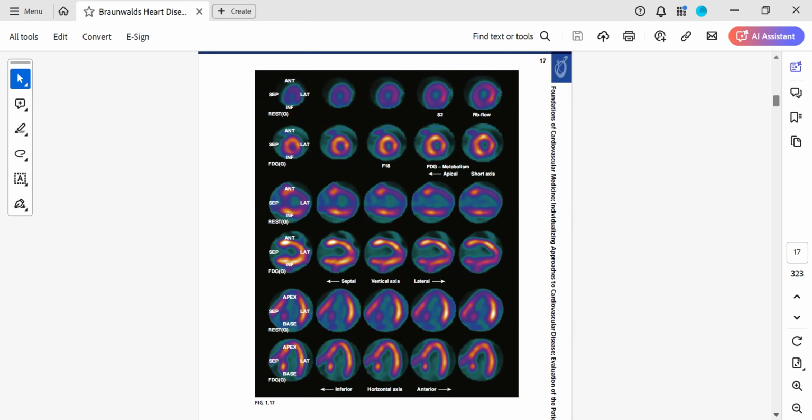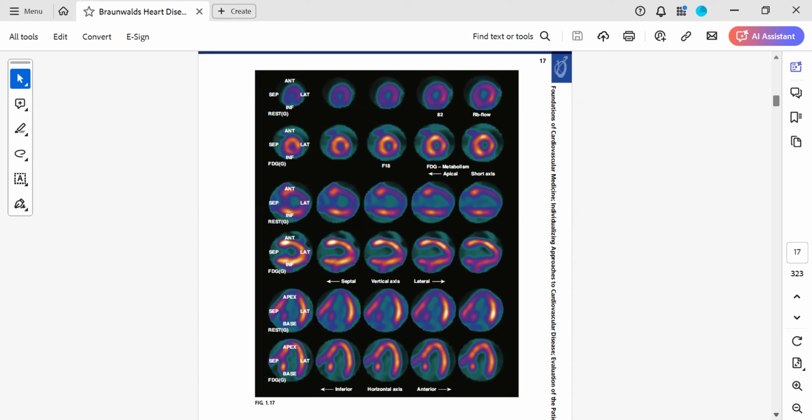Okay. Can I echo what you just said now? I think you said that when there is hibernation of the myocardium, the rubidium uptake will be reduced, while the FDG uptake will still be normal.